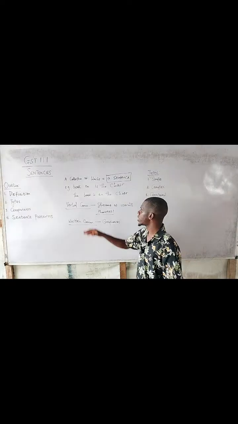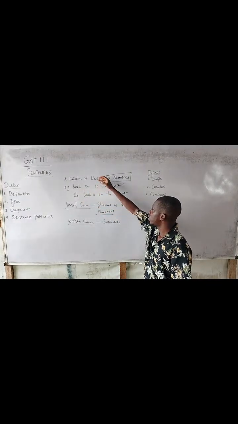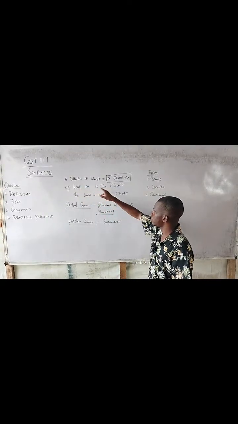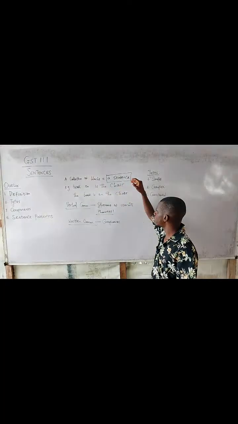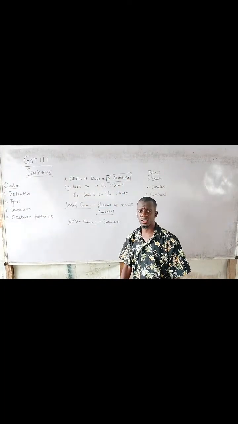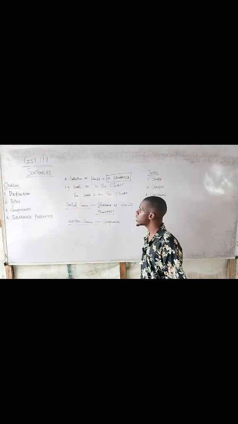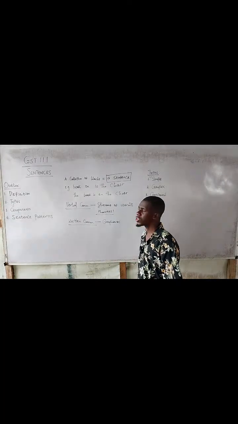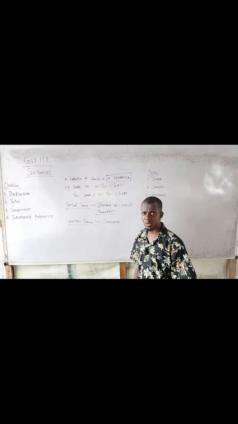For example, a sentence like "book on is the chair." Okay, it is a collection of words, so it is a sentence in one sense, but in another it does not follow grammatical principles.